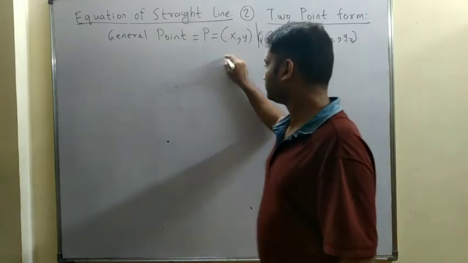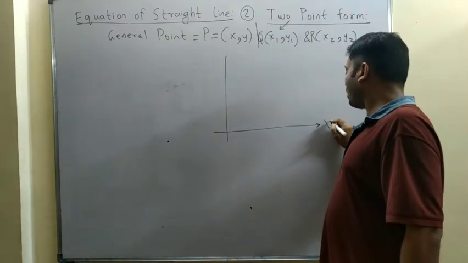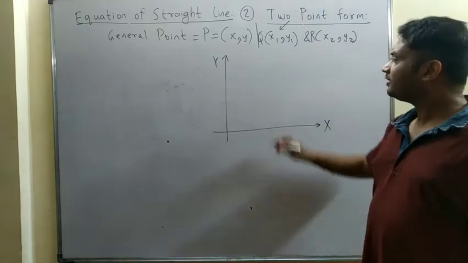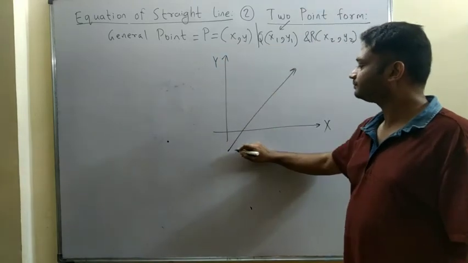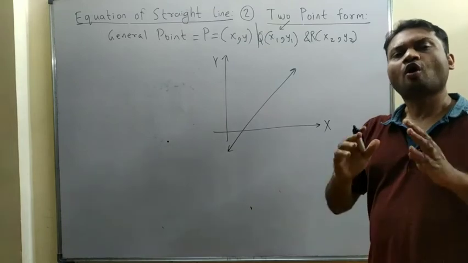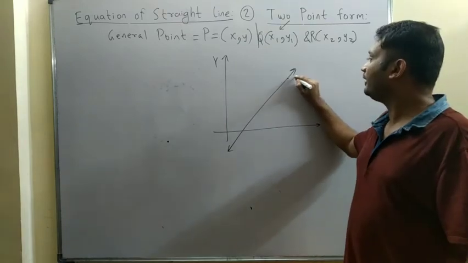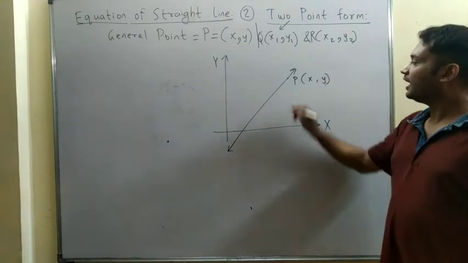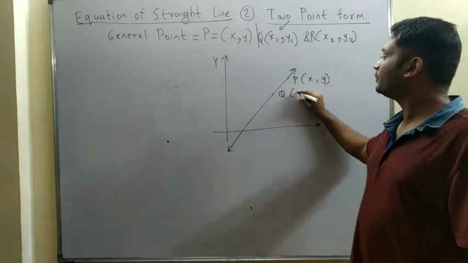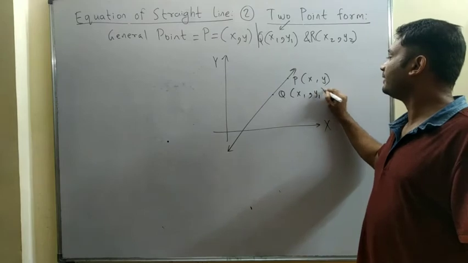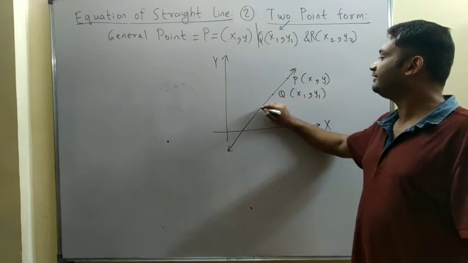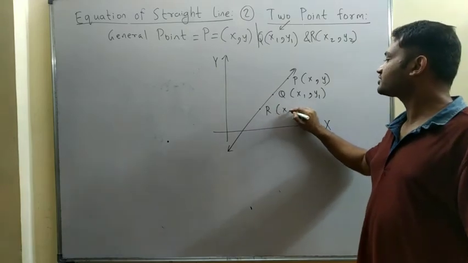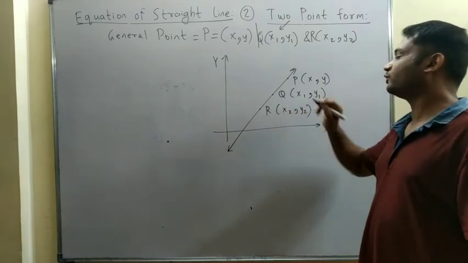Now, if I draw the x-axis and y-axis and I draw a straight line, on this straight line I have one point which is P, which is x, y. Another point which is Q, which is x1, y1. And finally, we have one more point on the same straight line, which is x2, y2.